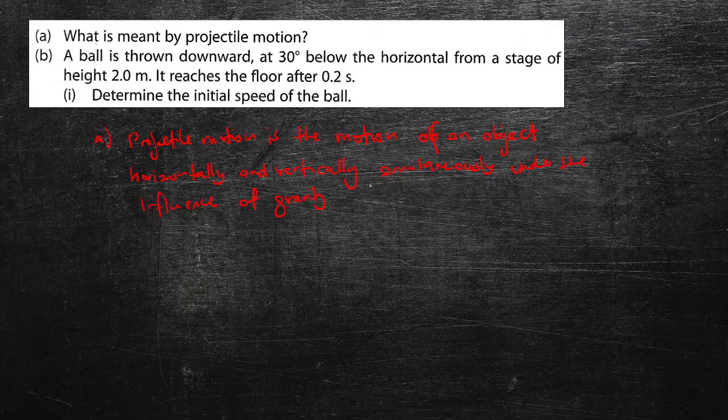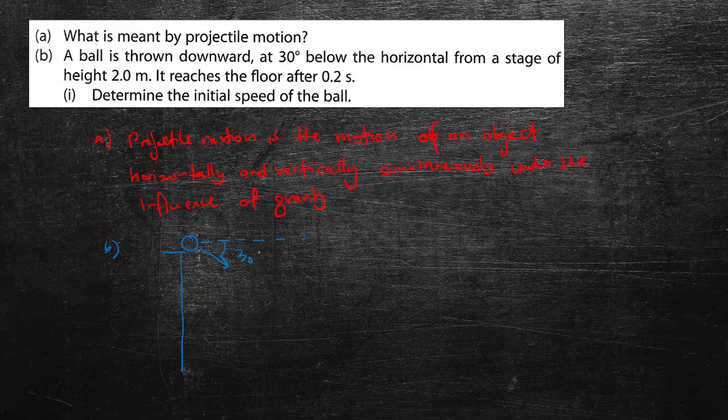And B, a ball is thrown downwards at 30 degrees below the horizontal from the stage of height 2 meter. It reached the floor after 0.2 seconds. First, determine the initial speed of the ball. So, as usual, we have to sketch what is happening in the diagram. We have a height, and then we have a ball thrown downwards. It was not initially rolling, but it was thrown, at 30 degrees to the horizontal.